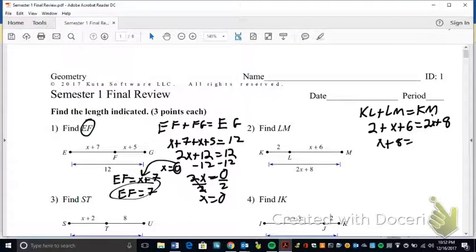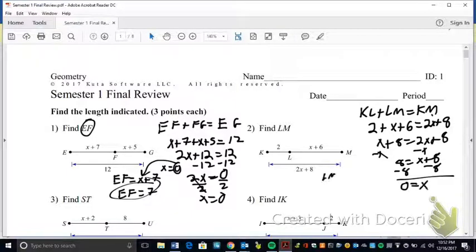That's going to give us x plus 8 equals 2x plus 8. Subtract x from both sides, we get 8 equals x plus 8. Subtract 8 from both sides, breathe, we get x equals 0. Now, we're being asked to find LM. We know that LM equals x plus 6. We're going to take that 0, plug it in right there, we get LM equals 6.